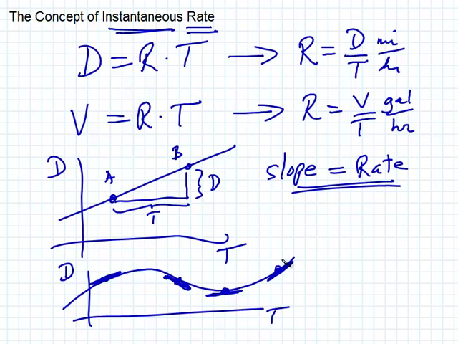But the process, the concept, this is the concept of instantaneous rate. The concept is we're going to take a sequence of approximate values by taking slopes over smaller and smaller intervals, and see if we can use that process to see where these numbers approach.